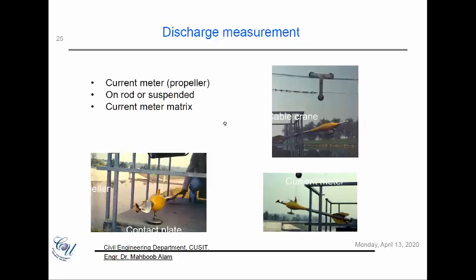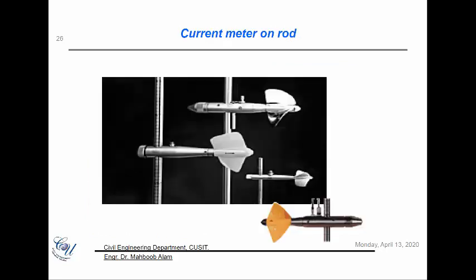We can, of course, use that current meter in different situations. We can use it through propellers, or we can suspend it on a rod or from a rope which is hung along the width of the river, and we can then take the measurements with the current meter.